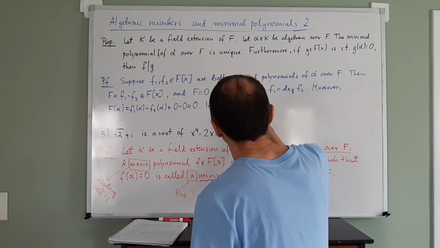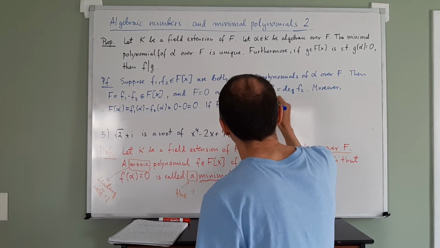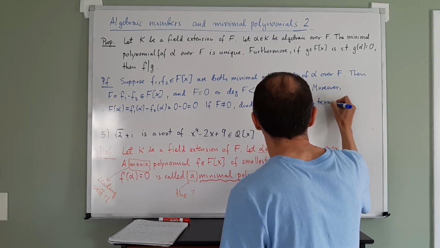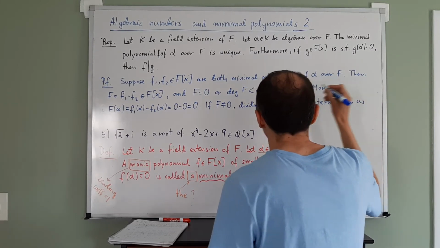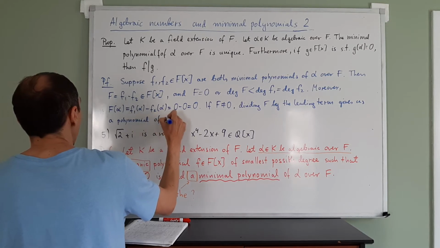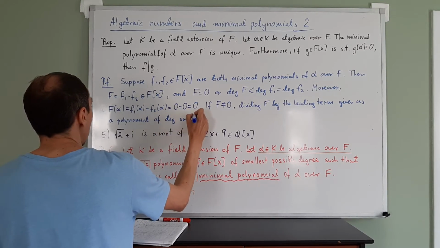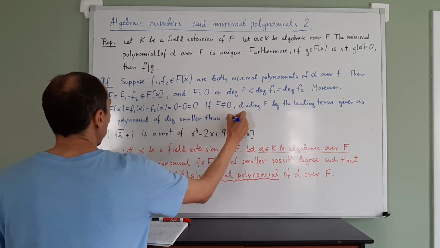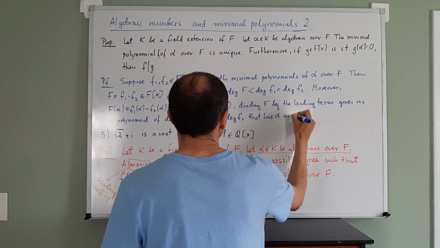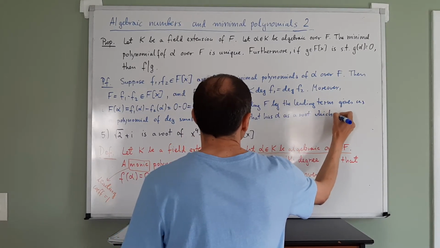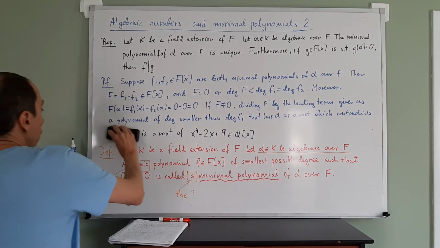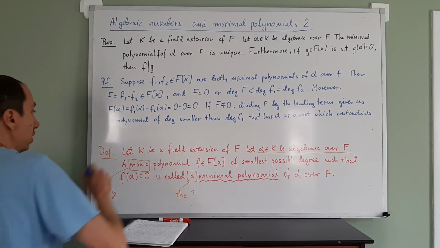So if this isn't 0, dividing f by the leading term gives us a polynomial of degree smaller than the degree of f1 that has alpha as a root, which contradicts the minimality.